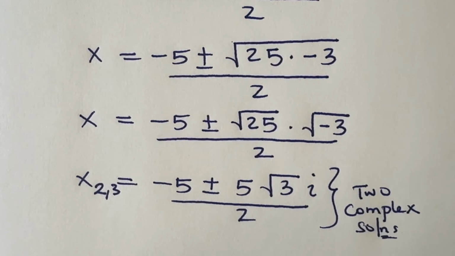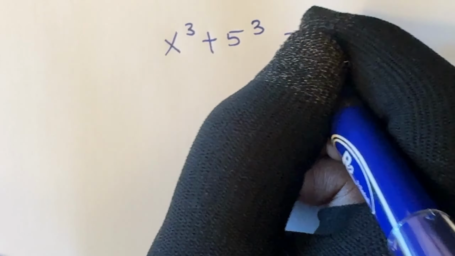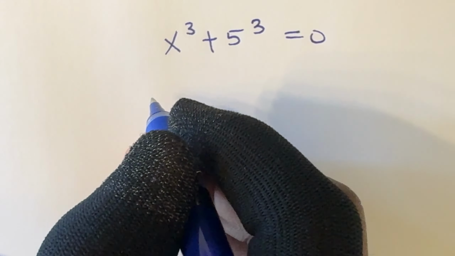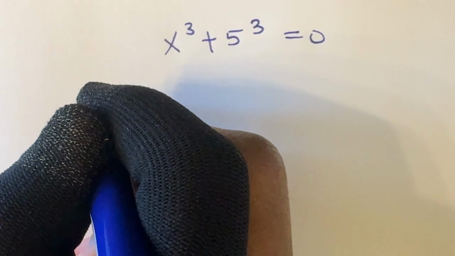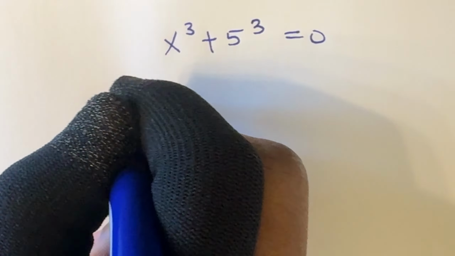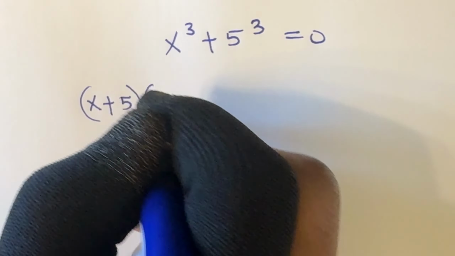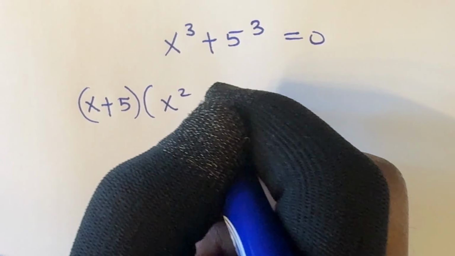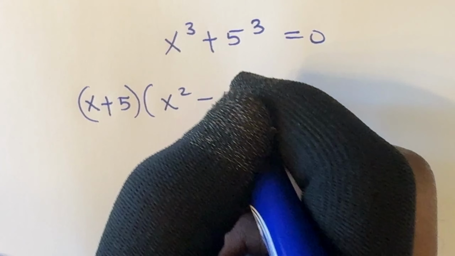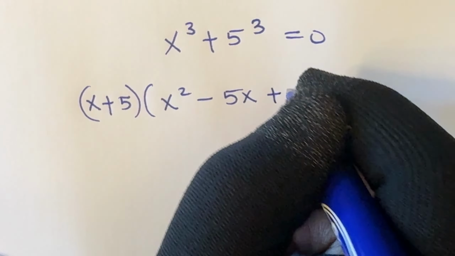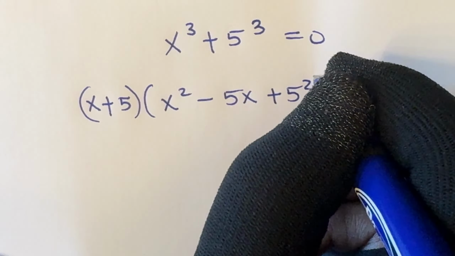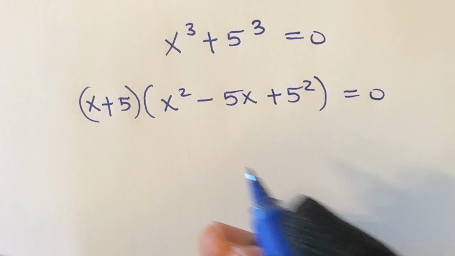So we will now go back to case 2. For case 2, we have x raised to power 3 plus 5 raised to power 3 is equal to 0. And by factorization, we said this will give us x plus 5 into x squared minus 5x plus 5 squared is equal to 0.